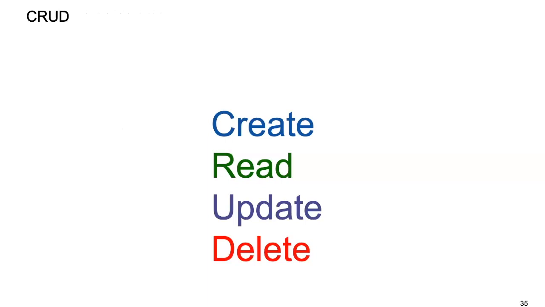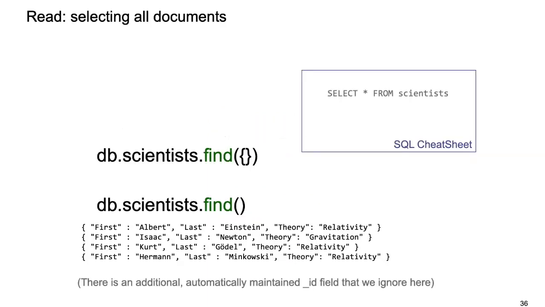C-R-U-D. So you can easily create documents, you can easily read documents, look them up, you can easily update documents, and you can easily delete documents, right? It's a bit on a lower level than SQL. But I think the best way that I can show you that is with examples. So now I'm going to show you plenty of slides with concrete examples of the way that we are going to use MongoDB.